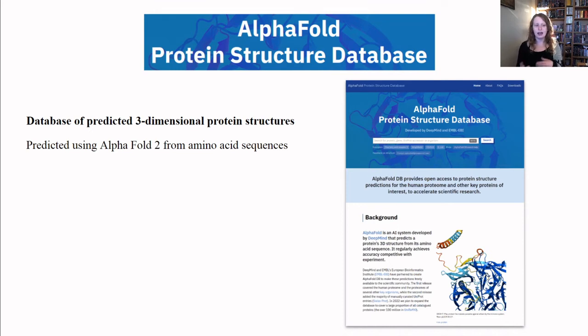The AlphaFold 2 algorithm takes an amino acid sequence and predicts what this sequence most likely would look like as a 3D structure. The algorithm doing the prediction is based on deep learning and bioinformatics. It's one of these things that we're going to return to in more depth towards the end of the course.